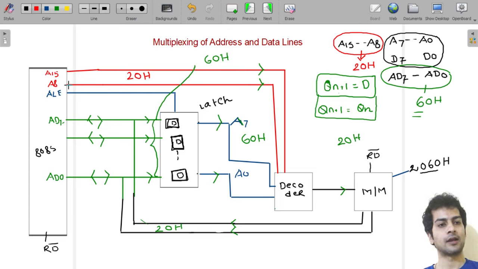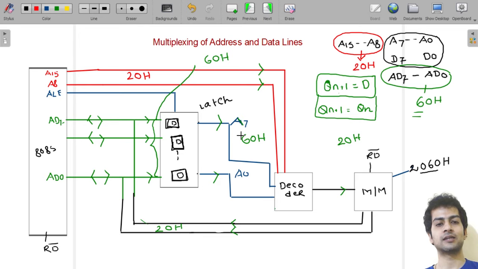But see, as I told you, ALE was energized, and after energizing all the D flip-flops, when the data 60H comes here, then ALE again becomes de-energized. Now here we saw that 20H is overwriting 60H. So what will happen to this data?